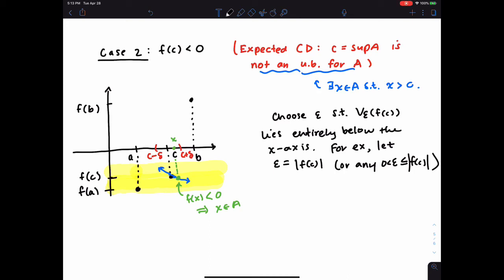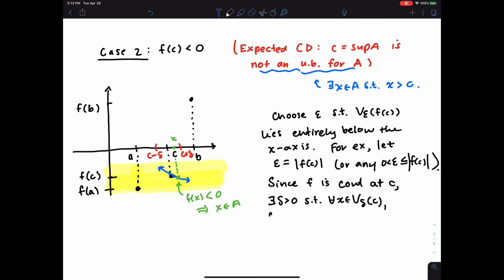And then since f is continuous at c, there has to be a delta neighborhood such that for all x in V delta of c, f of x is in V epsilon of f of c.